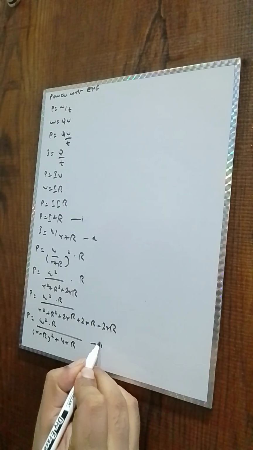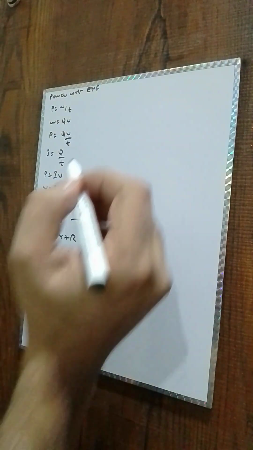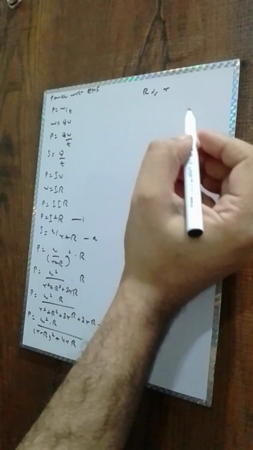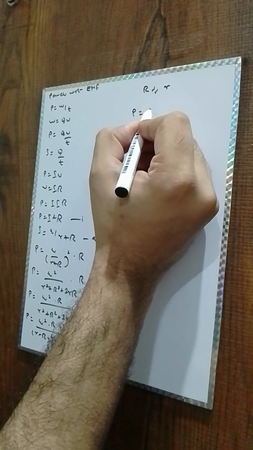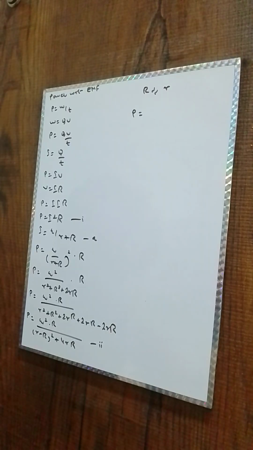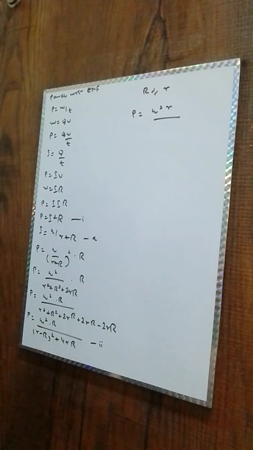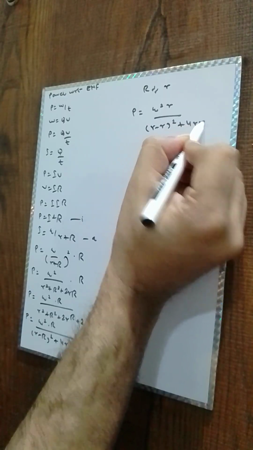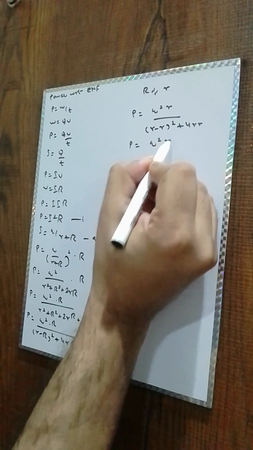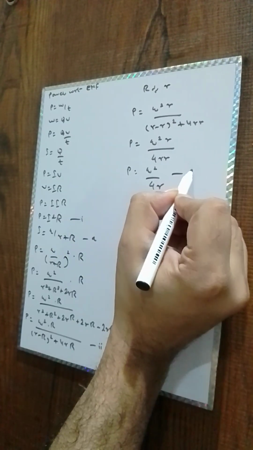And this is a very workable form, but for further approximations, let's say in a circuit where capital R is approximately equal to small r, in this situation power would be epsilon square R by R minus r whole square plus 4Rr, which means epsilon square R by 4Rr, and R cancels out, P is equal to epsilon square by 4r.